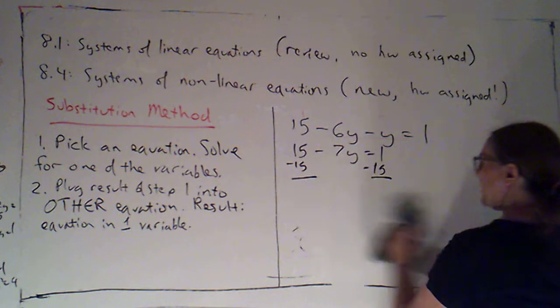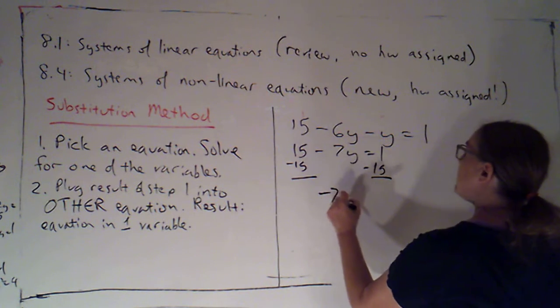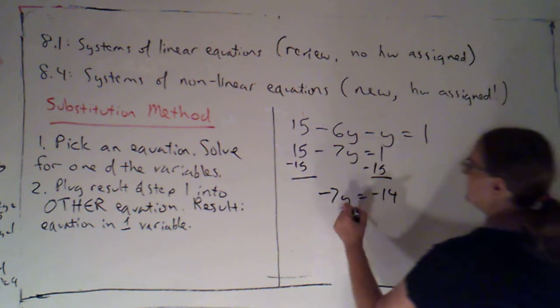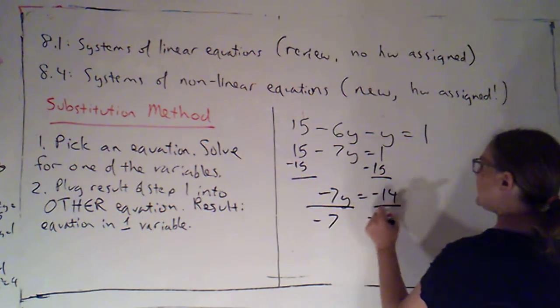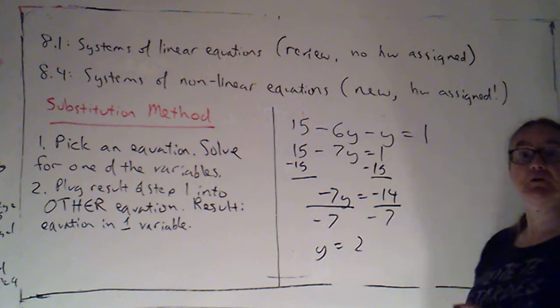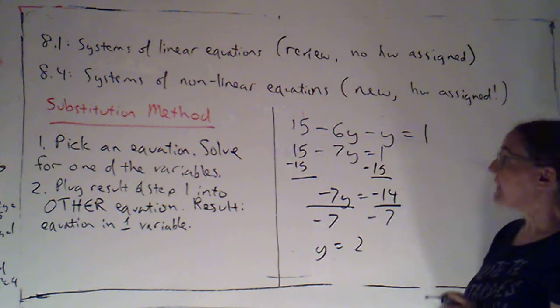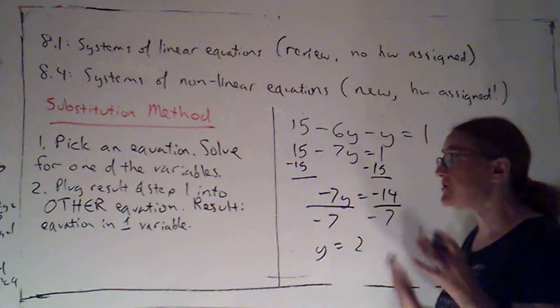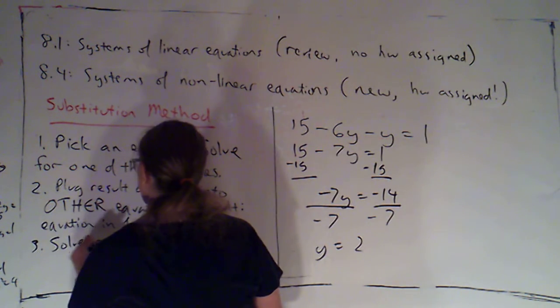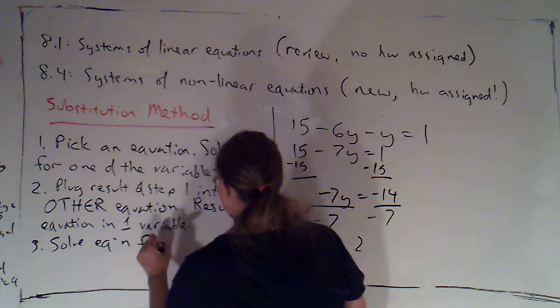So now we've got negative 7y equals negative 14. Divide both sides by negative 7, and y is equal to 2. Excellent. So step 3 is to solve the equation from step 2.